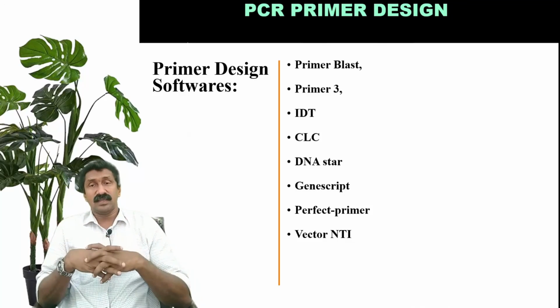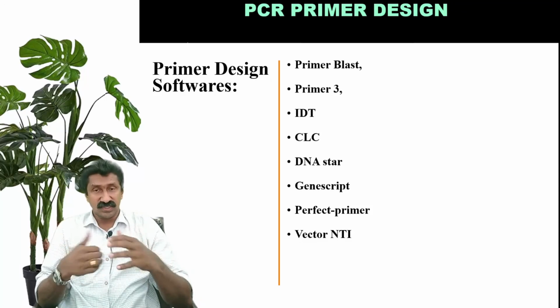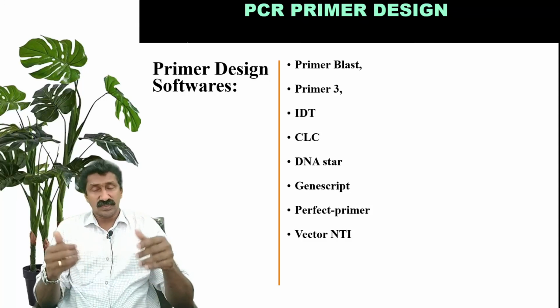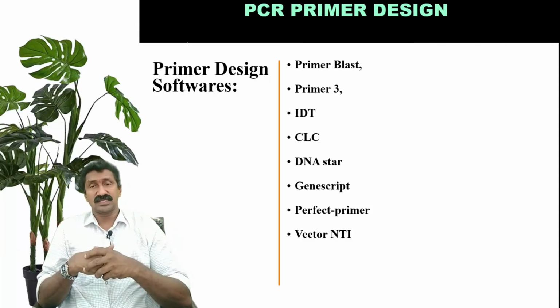There are a lot of software tools like Primer-BLAST, Primer3, IDT, CLC, DNASTAR, GenScript, Vector NTI, and Perfect Primer, into which you can give the target or template DNA sequence.